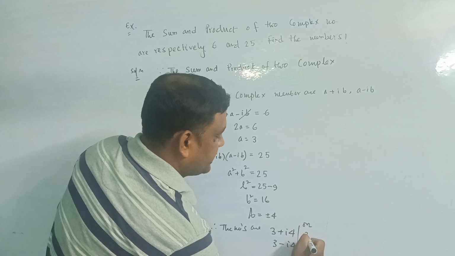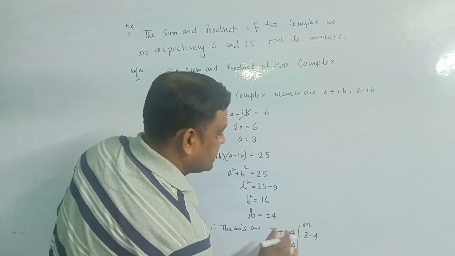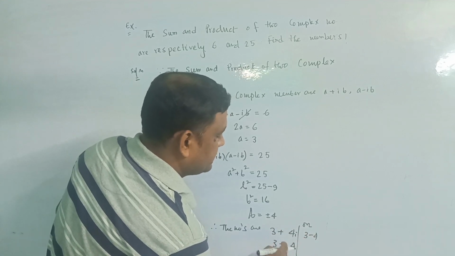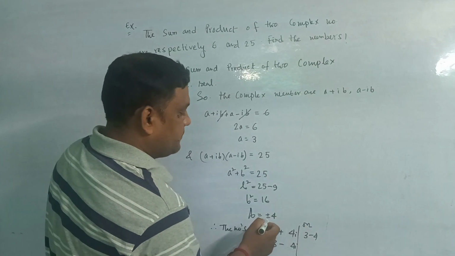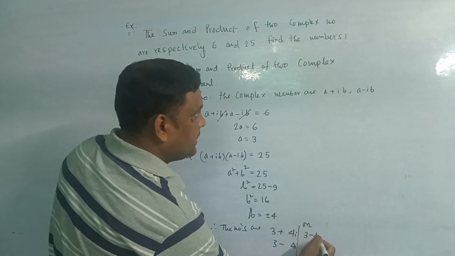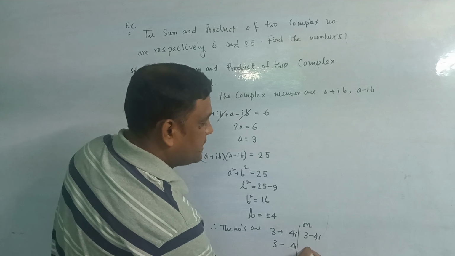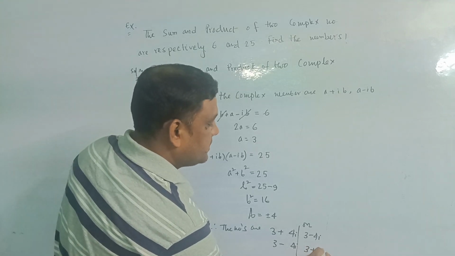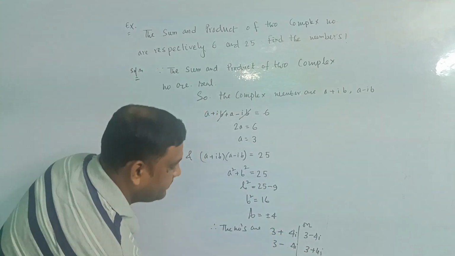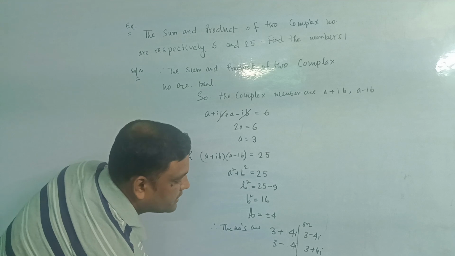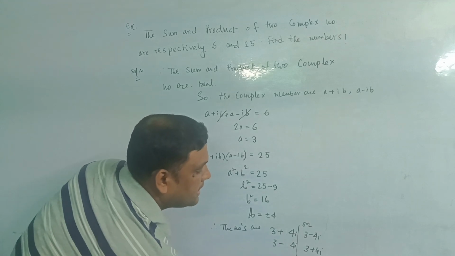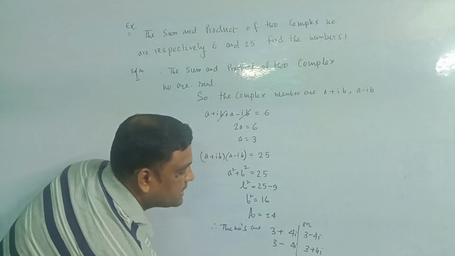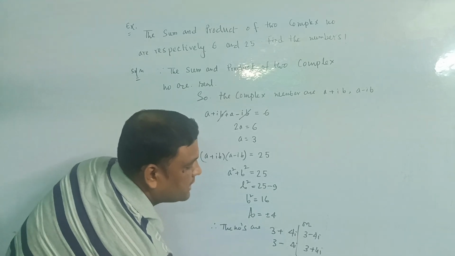So 3 plus 4i, 3 minus 4i; when b is equal to minus 4, it becomes 3 minus 4i and here 3 plus 4i. So ultimately, the complex numbers are: one is 3 plus 4i, another is 3 minus 4i.